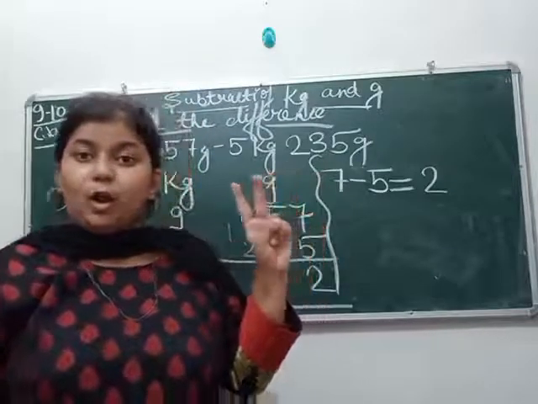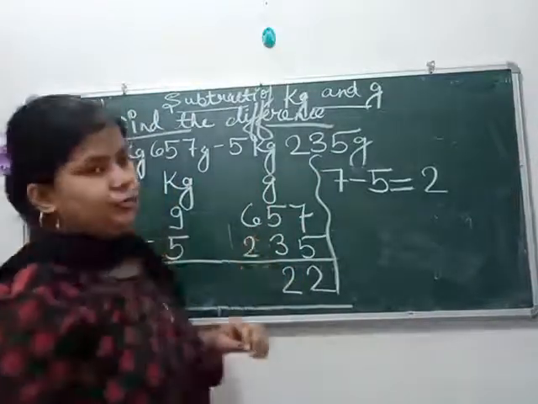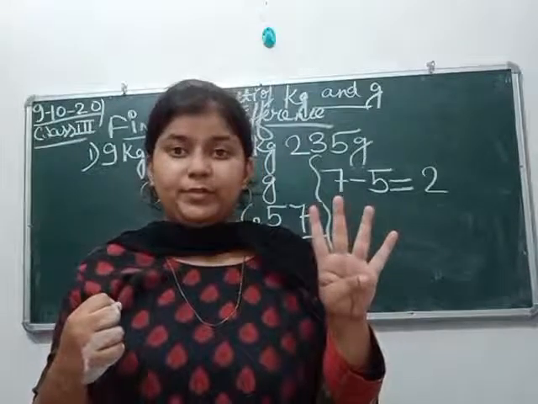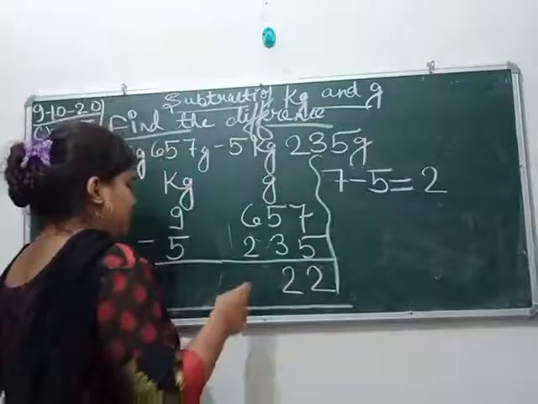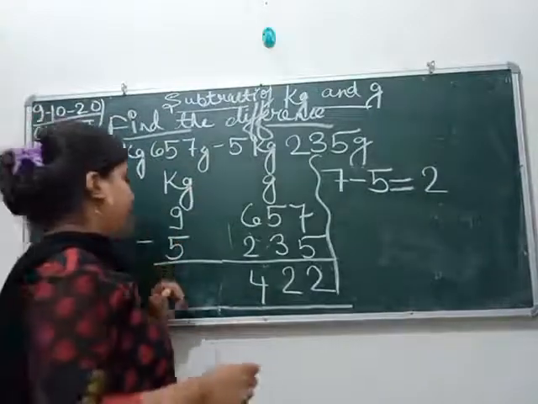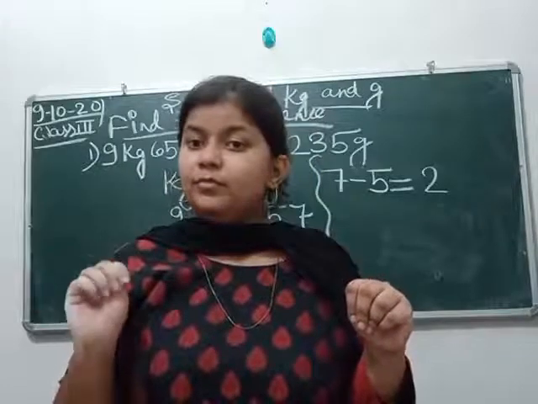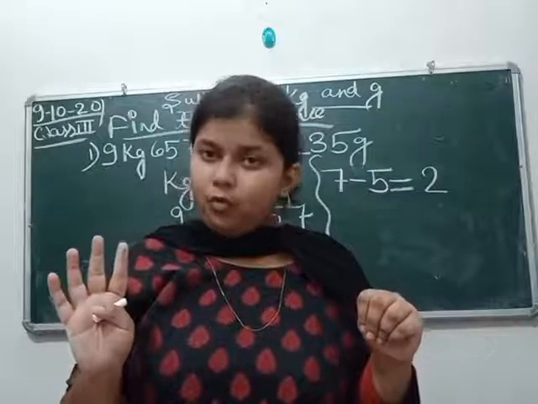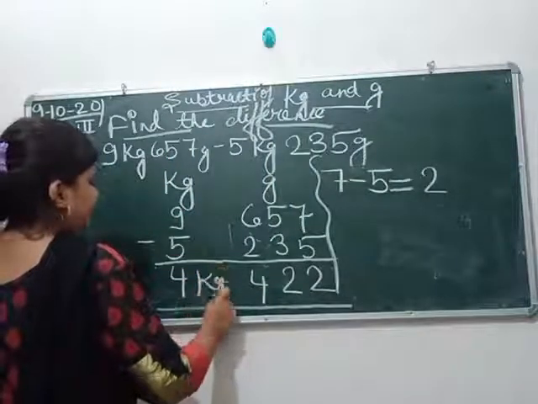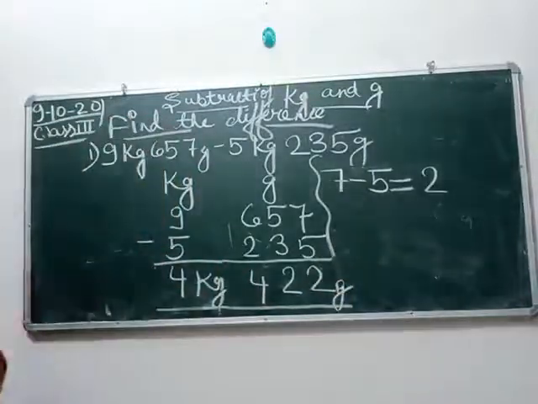We are left with 2. 6 minus 2, how much will we get? 4. And at this place we have 9 minus 5. We will get 4. So our answer is 4 kg 422 gram. Note it down, come on.